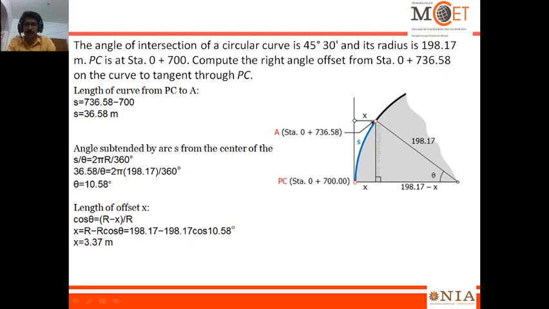If you substitute all the values, you will get the value 3.37. That is the required single offset. For the entire curve, similarly we have the formula that you can directly substitute, and you will get each x value for the distance, right? So I hope you understood that.